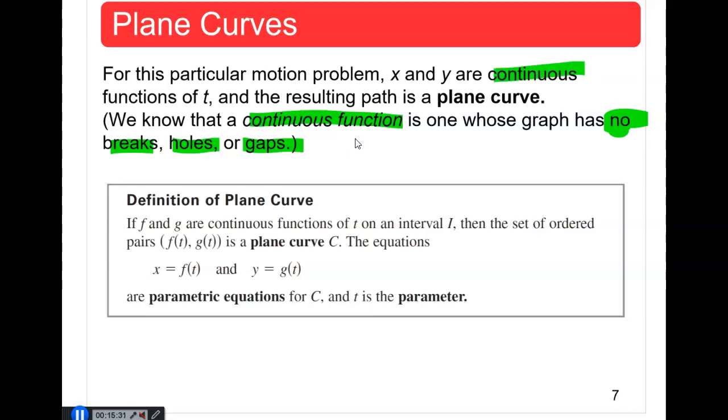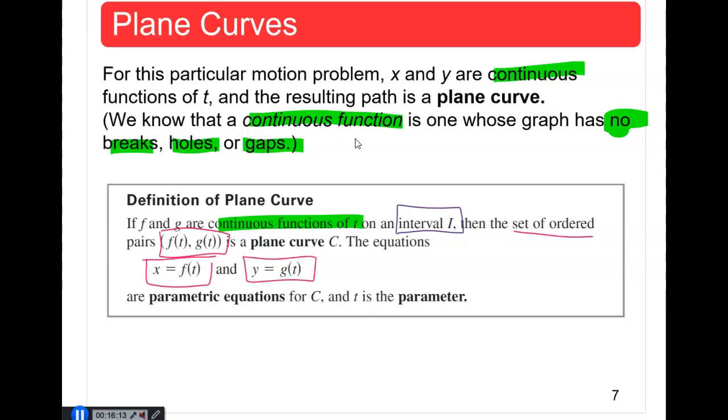And we have here the definition of a plane curve. It says if f and g, f is a function, g is another function, if f and g are continuous functions of t on an interval, and for that interval we just use capital I, then the set of ordered pairs f of t and g of t is a plane curve C. The equations, f of t is representing x, as you can see here, and g of t is representing y.